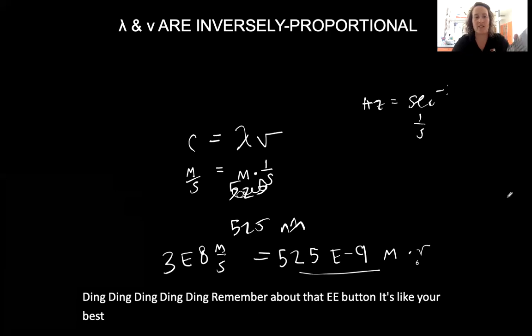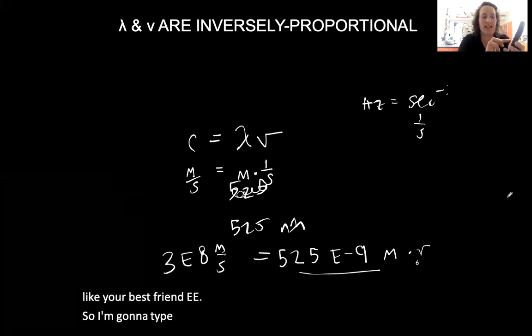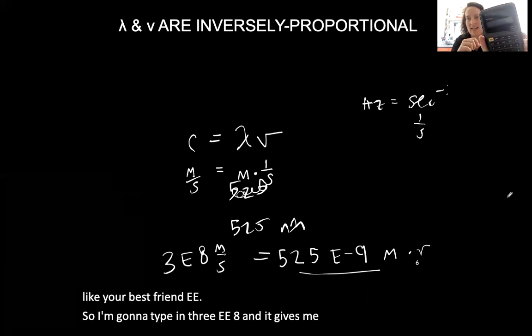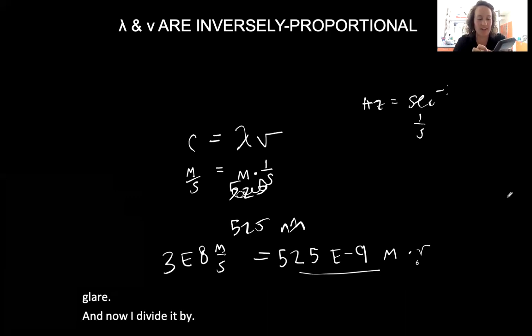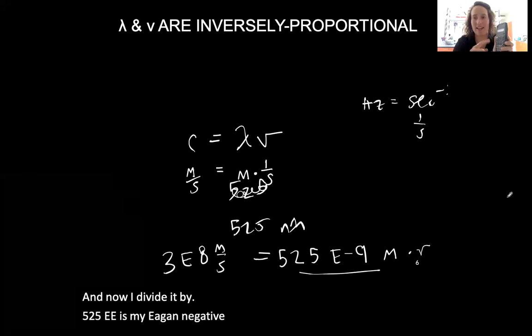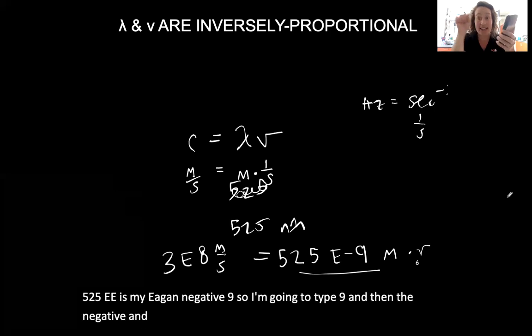So I'm going to type in 3 EE 8, and it gives me my 3E8. And now I divide it by 525 EE -9. So I'm going to type 9 and then the negative. Make sure that it says -9 there, and then I hit enter.